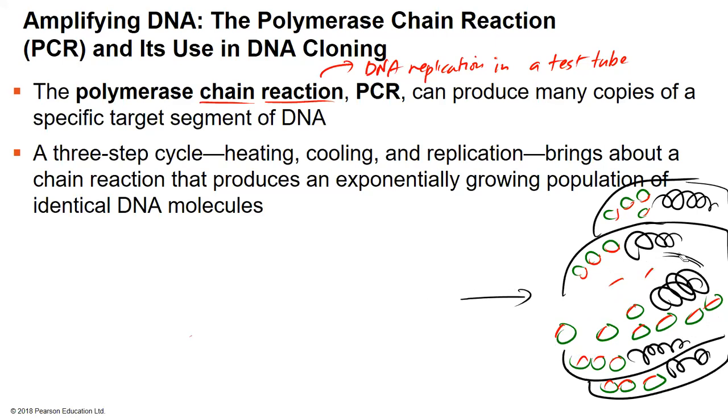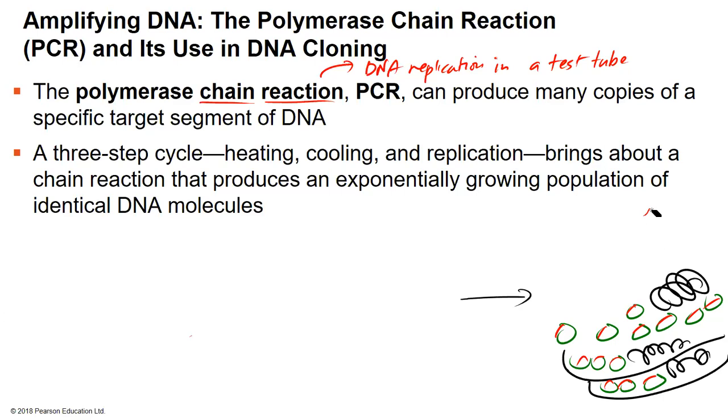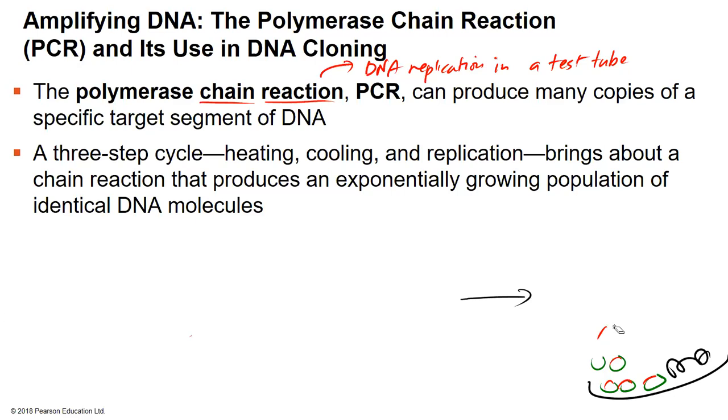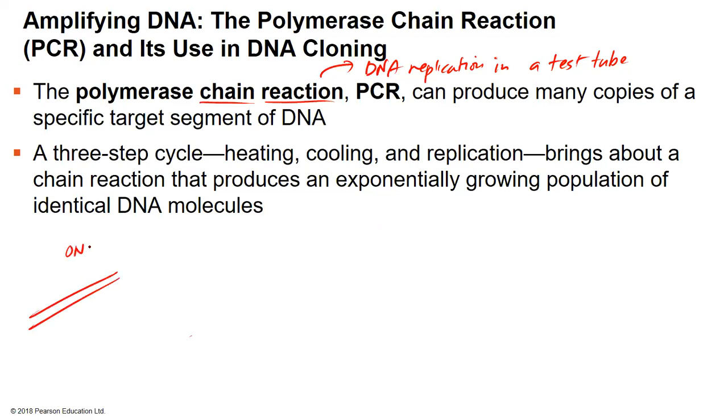So in PCR, if we start with one DNA molecule, let's say, so this is one DNA molecule. In PCR, one DNA molecule will be replicated. So now we have two.